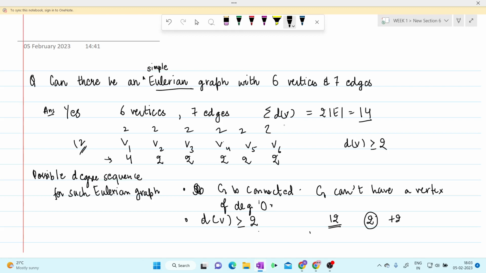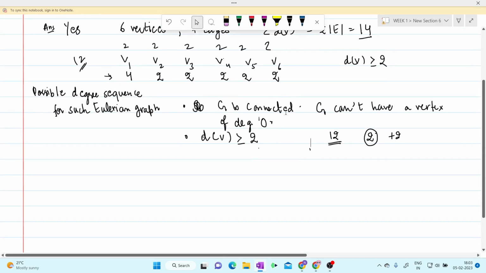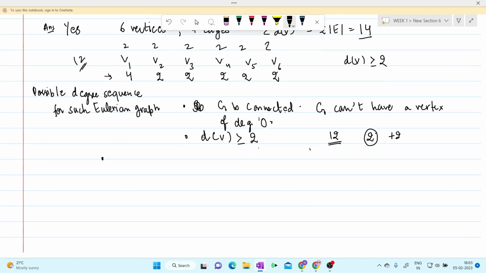Yes, ma'am. So now once you see that this is the only possibility, you just have to construct a graph. Okay, let's do this. We have to construct a graph with the following degree sequence. So I know that one vertex has degree 4.